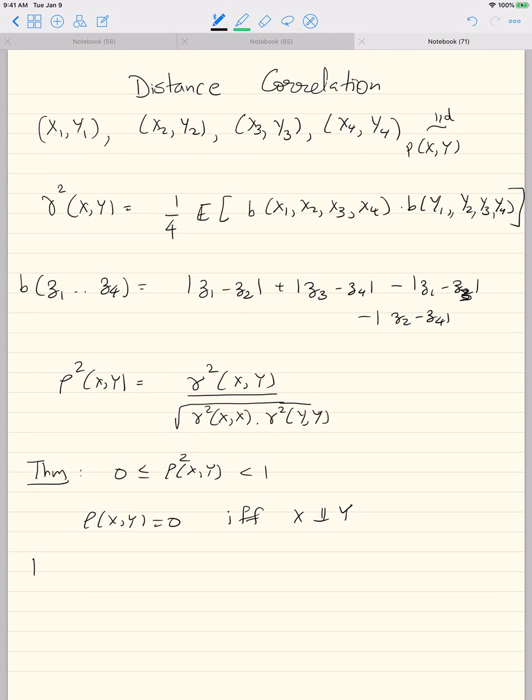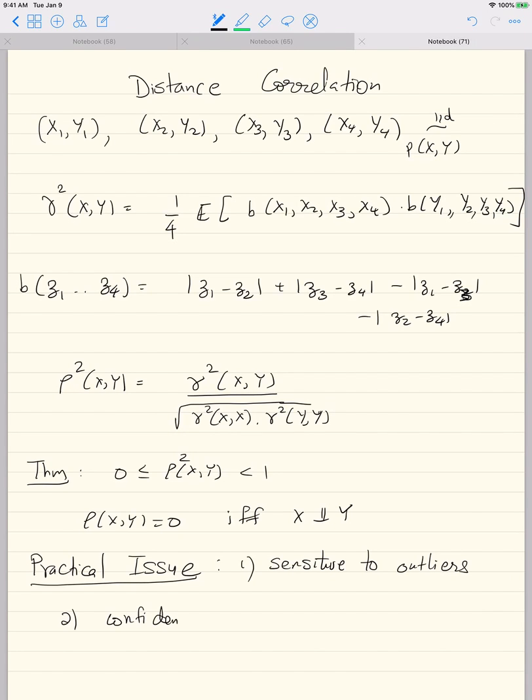However, in practice, there is a problem with this measure, which is the same as in the standard Pearson correlation, in that it is sensitive to outliers. Also, it is hard to get confidence intervals for this measure.